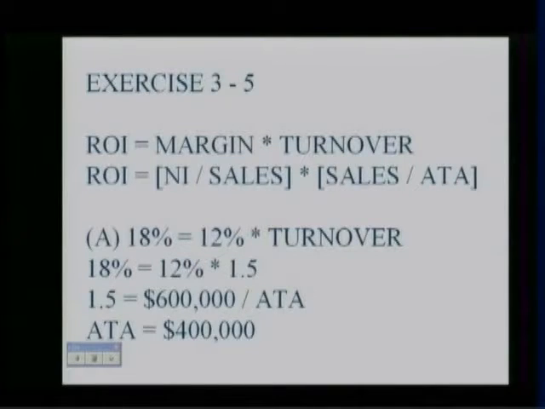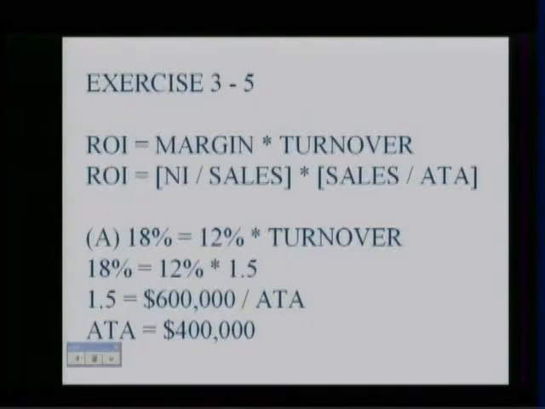1.5. Now that you know both your margin and your turnover, you can compute the other amount they wanted you to figure, which was average total assets. Well, average total assets is included in the turnover part of your ROI formula.